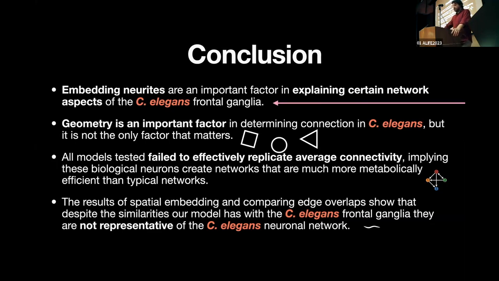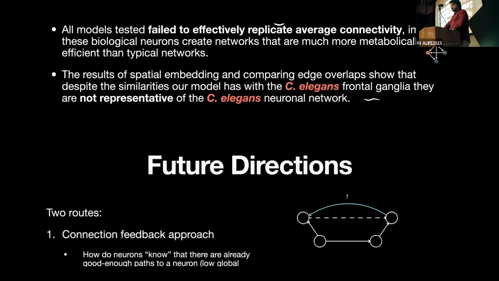And finally, the results of spatial embedding and comparing edge overlaps show that despite similarities of the models to C. elegans in the frontal ganglia, they're not representative of the C. elegans neural network. Again, this was accepted from the beginning, that we weren't going to accurately represent an actual real neural network, but it's still important to note.